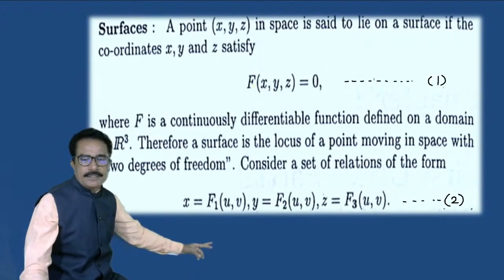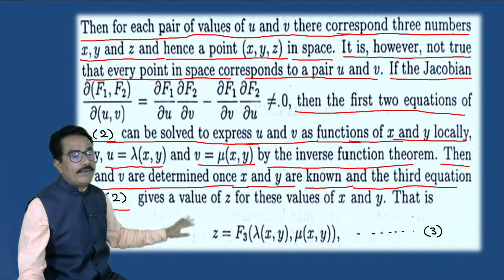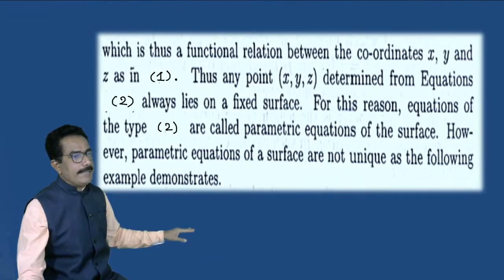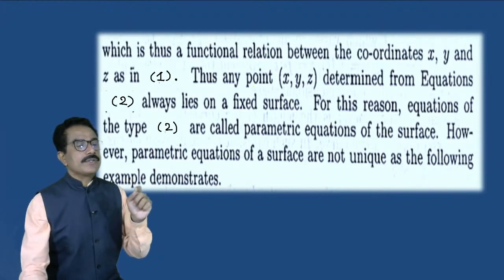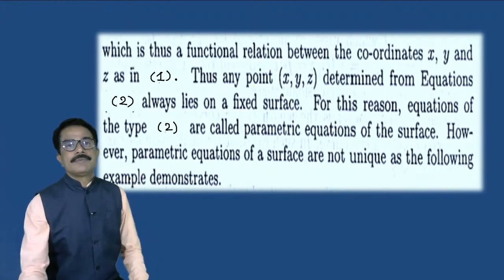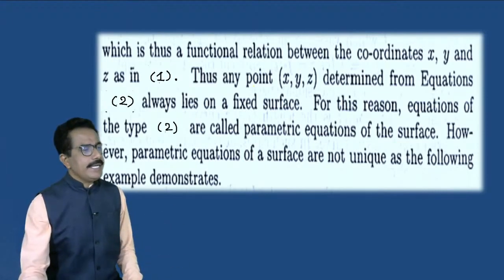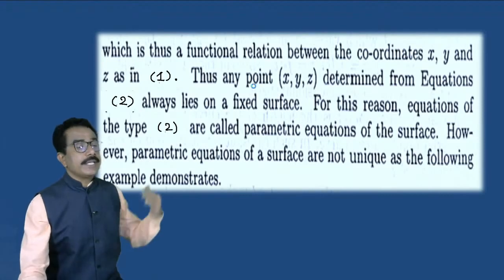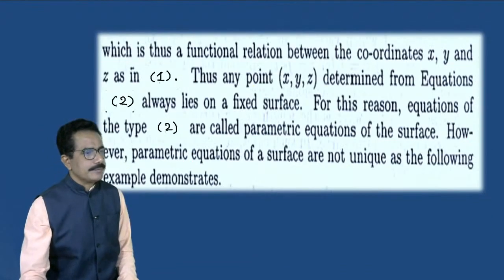So we can write the third equation from 2 as z = f3(λ(x, y), μ(x, y)), which is thus a functional relation between the coordinates x, y and z, as in equation 1.